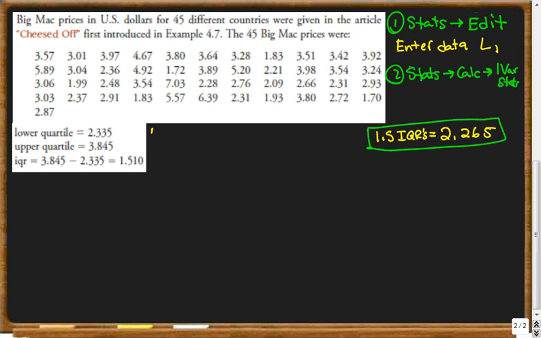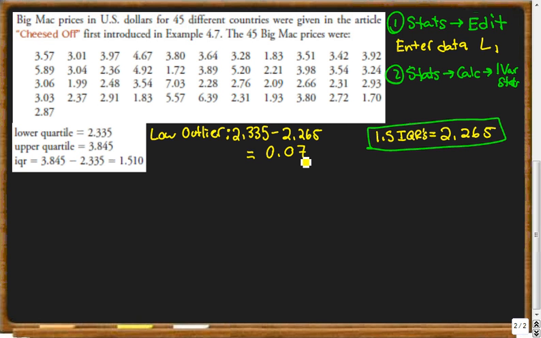So a low outlier is going to be this number, 2.265, below our lower quartile. So we would be 2.335 minus 2.265, which is going to equal 0.07.